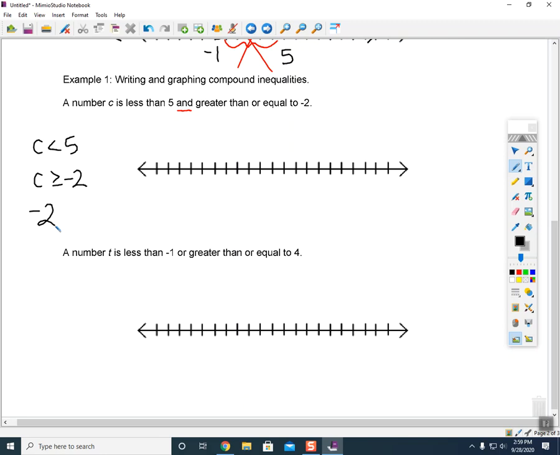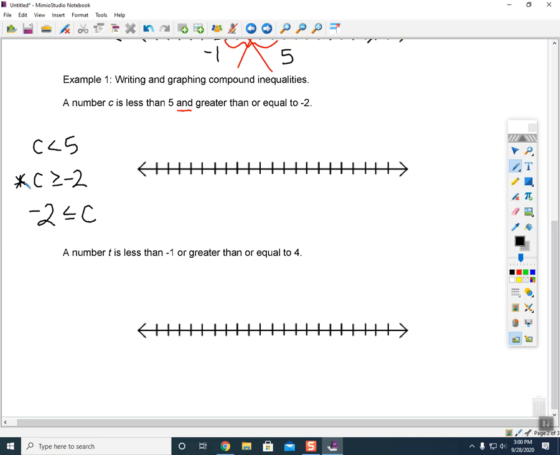That is the same as saying that -2 is less than or equal to c. Remember, the alligator eats the bigger number. In both cases the alligator is eating the c because it's the bigger number. So I didn't really change anything, I just flipped the order that I'm writing it in.